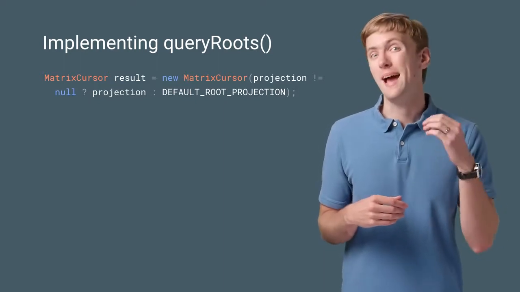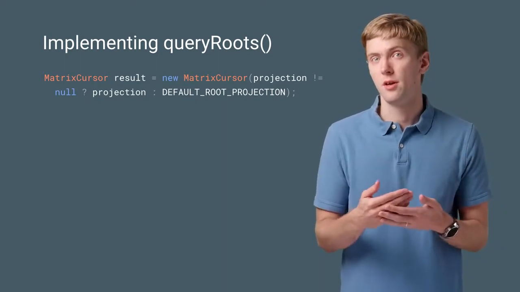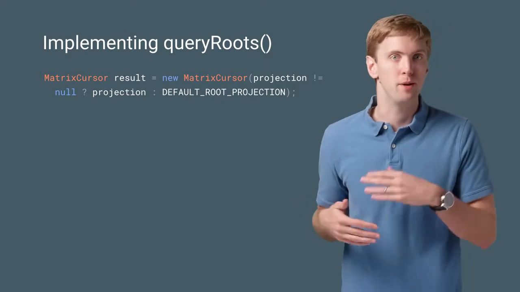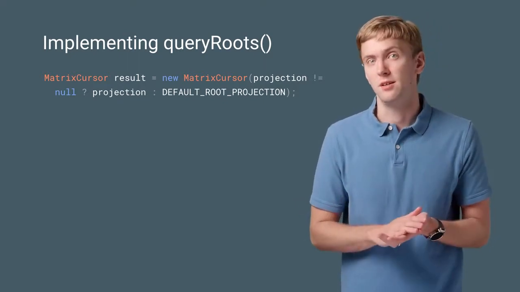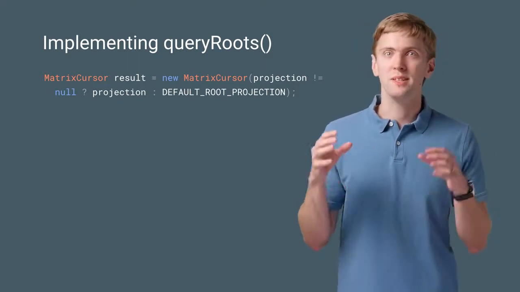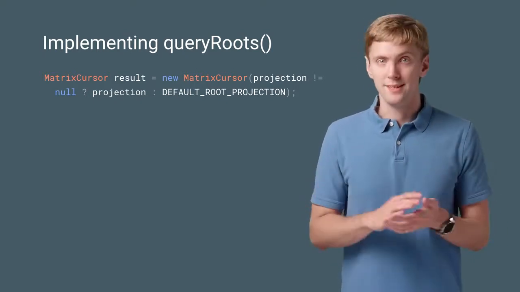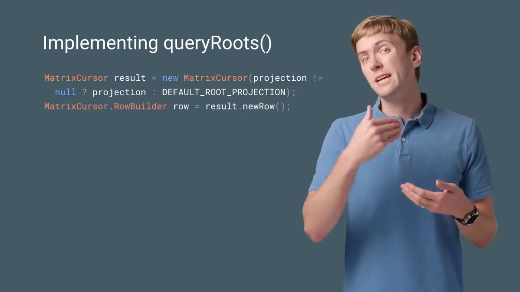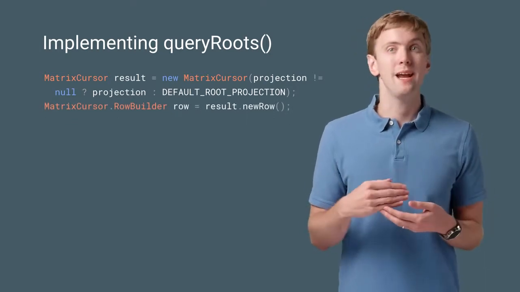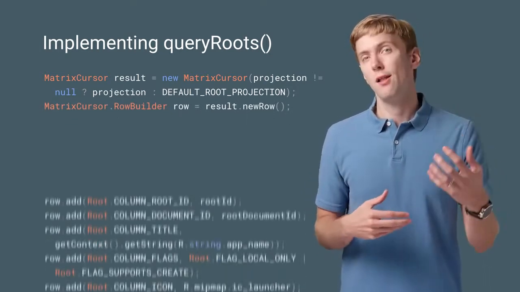You create one by passing in the projection you want to use. You'll note that a null projection parameter means you decide what fields to return, although there are some required ones for documents providers. So look through the links in the description for the details. Then for each row you want, you first create it using new row, then call add.